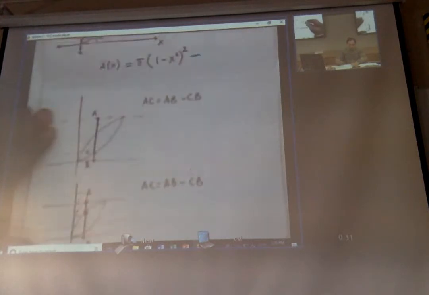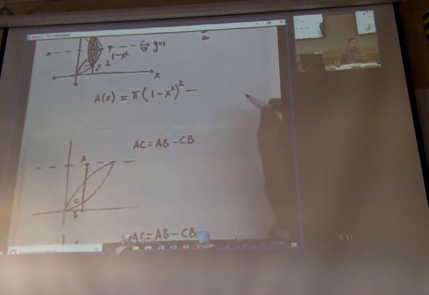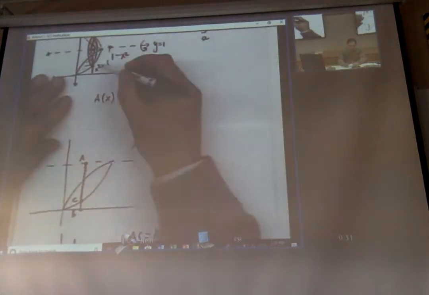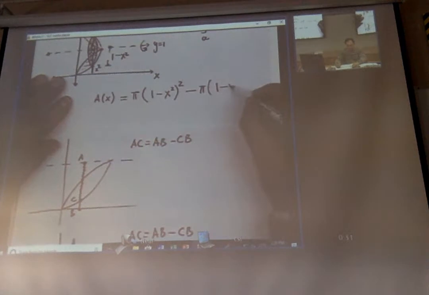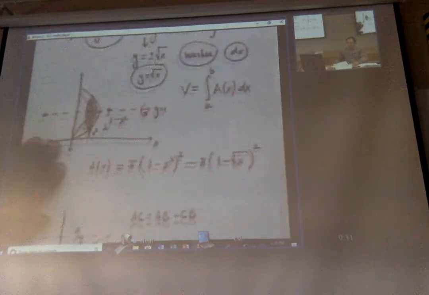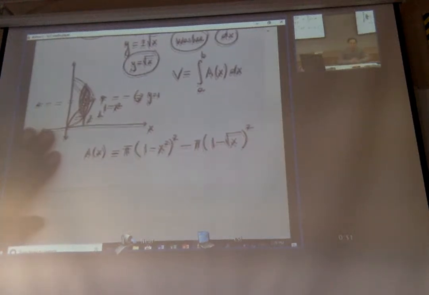So here, the radius for the smaller one, I'm not writing it like I did before, r big, r small, but this radius will be 1 minus the square root of x, and again squared. So this will be the A of x. This is what we have for A of x.